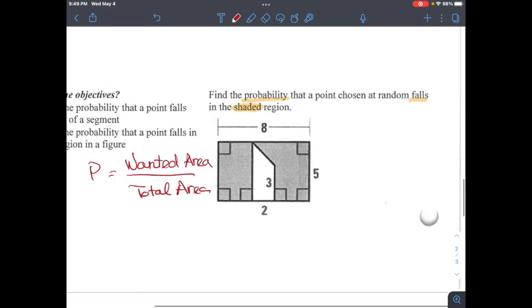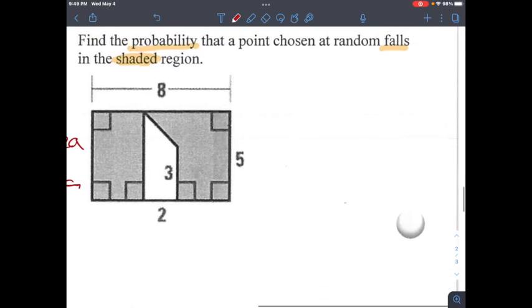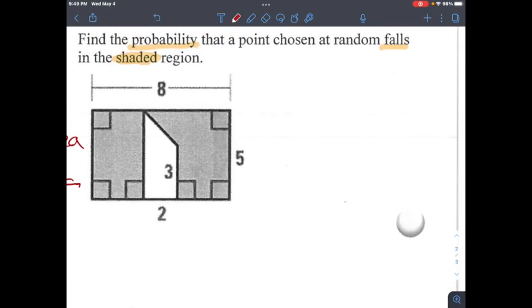Because of that, we are going to start off drawing the diagram. I want to have a strategy. I'm going to take the total rectangle minus a trapezoid. That will give me all the pieces that are shaded.